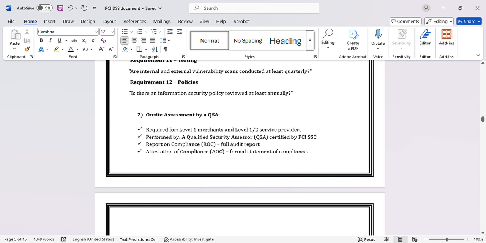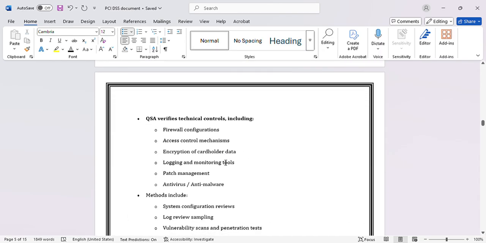Okay. Type number two would be the on-site assessment by a QSA. This is required for level 1 merchants and level 1 and 2 service providers, and is performed by the qualified security assessor who is certified by PCI SSC. After this, a report on compliance with the full audit report and an attestation of compliance with a formal statement of compliance will be required.